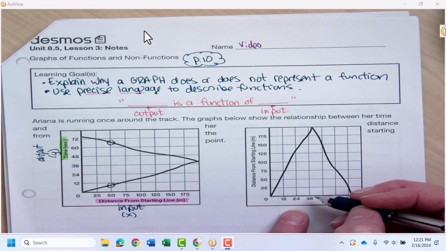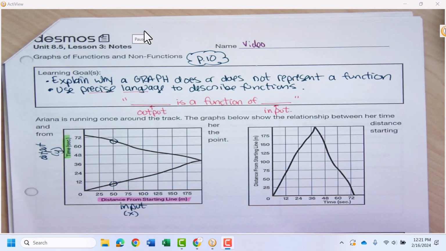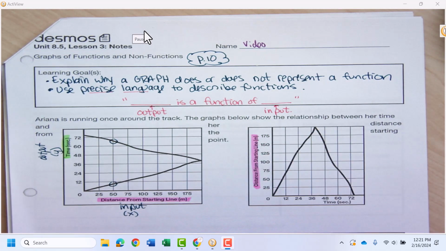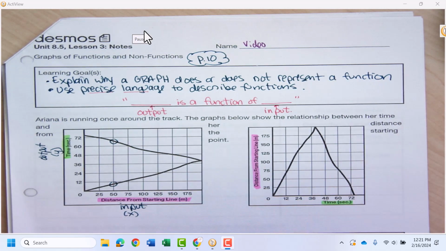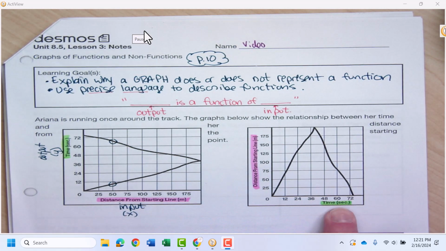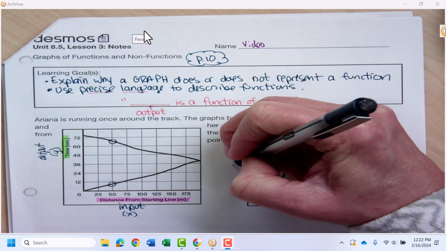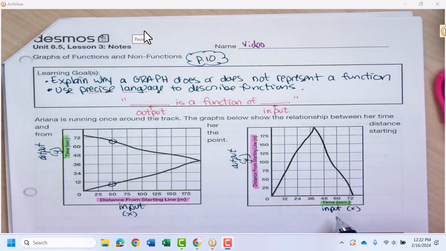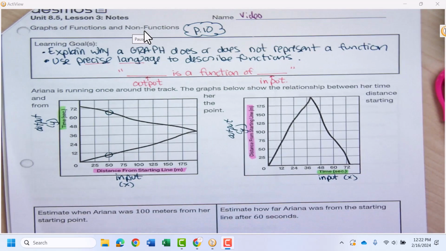But on this graph, you can see we've kind of switched what we're calling the input and the output. This time, distance is the output and time is the input. This time, this is my x and this is my y. I'm just going to write input again and output. The inputs are always the x's, the outputs are always the y's. Well, let's look at it again.